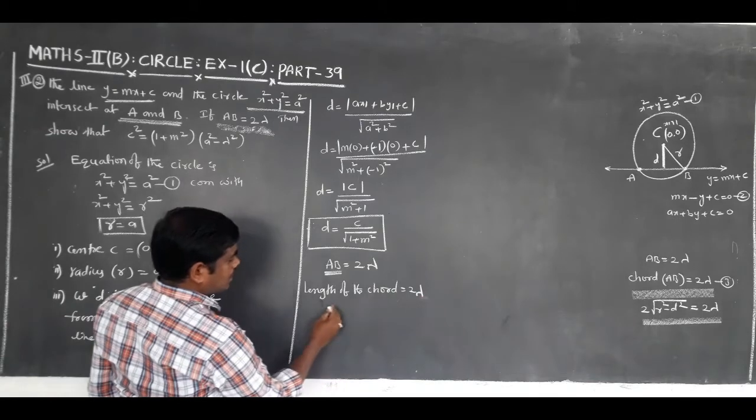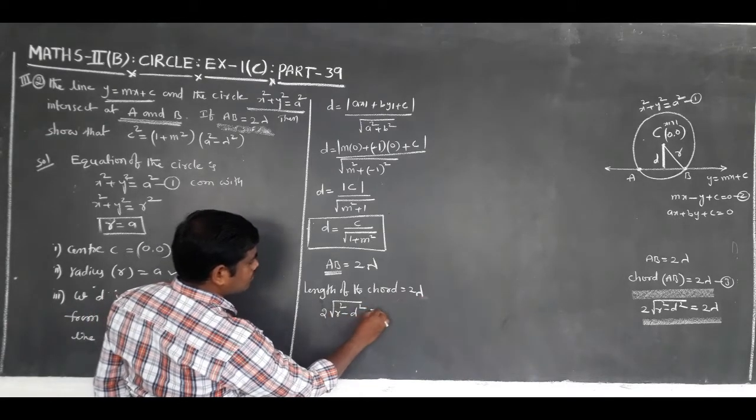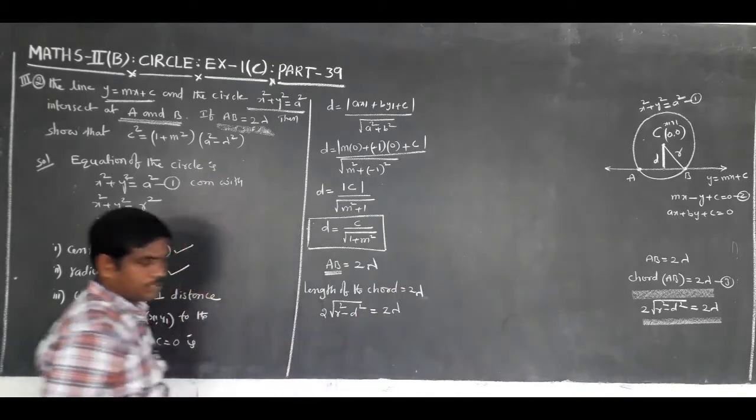Length of the chord formula: 2 into under root of r square minus d square is equal to 2 lambda.